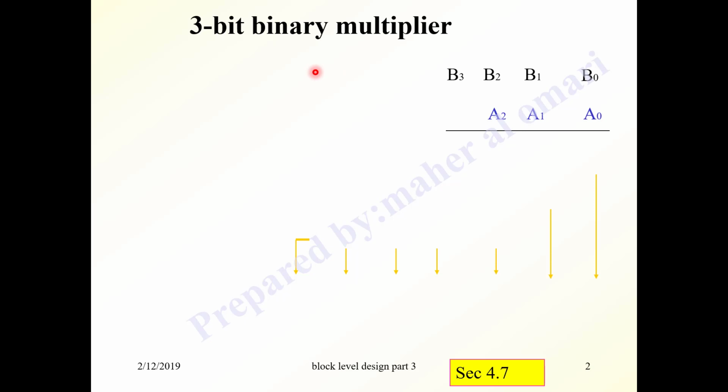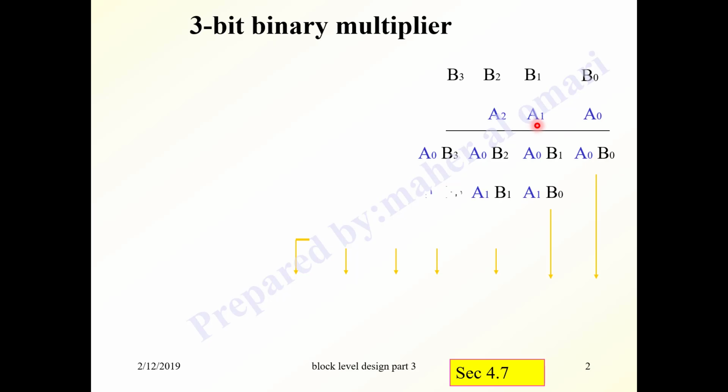Now let's go a little bit further. A 3-bit binary multiplier. Okay, we multiply 3 bits A0, 1, and 2 by B0, 1, 2, and 3. We do the same thing with the multiplication. This here is the multiplication of A0 with this number. These are the results.